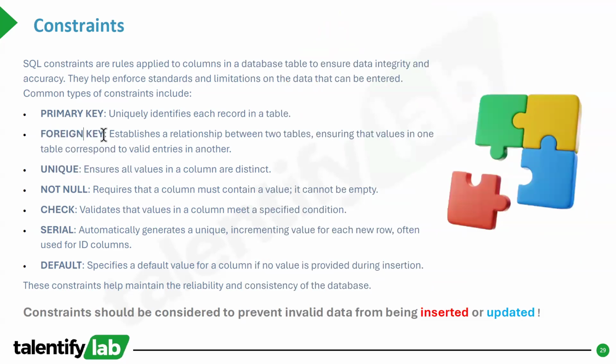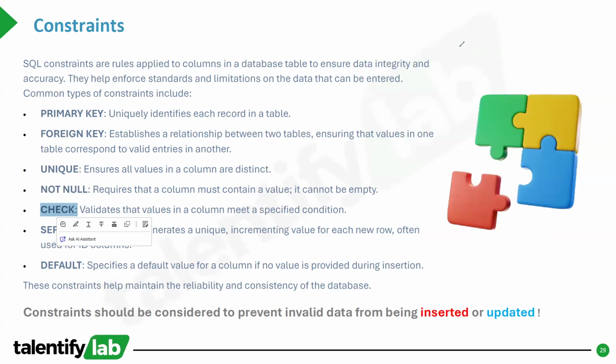Mostly it is used to create a relation between two tables. We use foreign key. Okay, unique means you cannot add one more of the same value, that means all the values are unique. Not null means you have to add something there. You cannot leave it blank or assign null. Check means you can add your own rule.